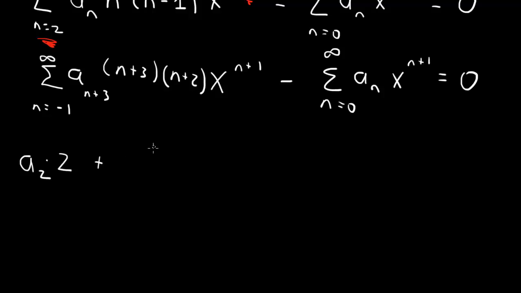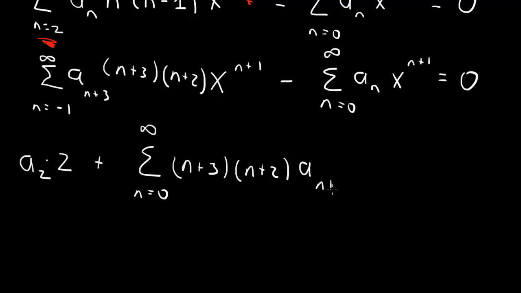And then we have the summation from n equals 0 to infinity, and we can combine these coefficients. So we have n plus 3 times n plus 2 times a sub n plus 3 minus a sub n, and that multiplies x to the n plus 1, and then this whole sum is 0.